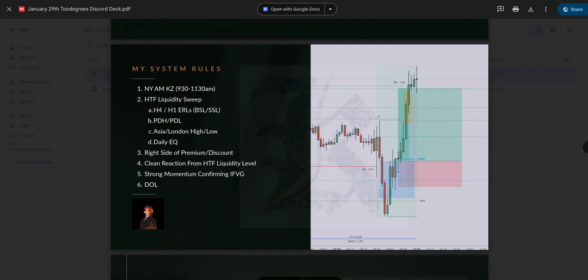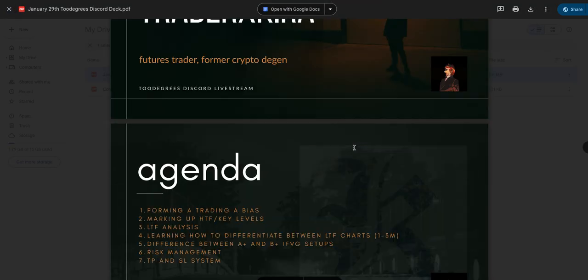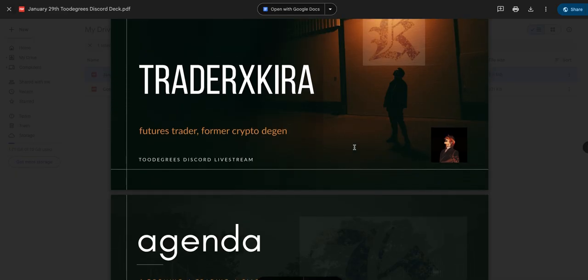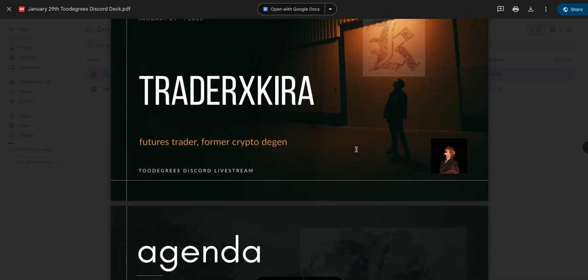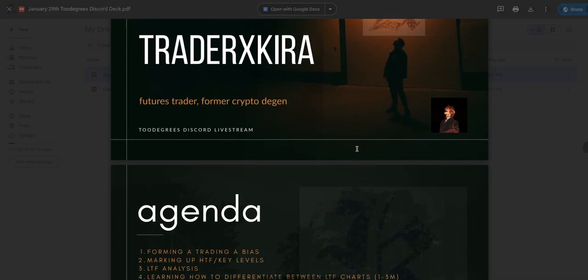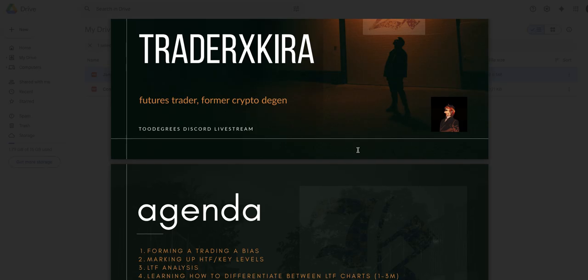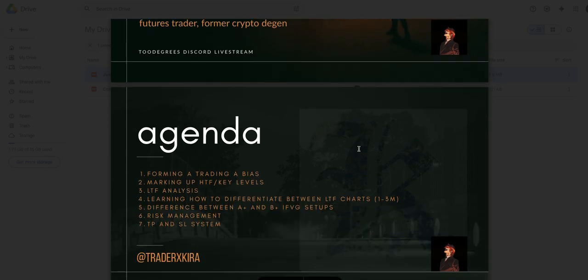Other than that, this was the deck I used yesterday. If you want to know more about what I was talking about, it's a lot of what I've talked about in these AshCap Discord live streams, except I really went back to the basics, top to bottom, of everything that I do when I show up. Obviously, I show you guys this every single time we chat.